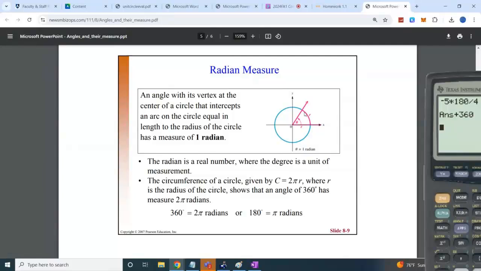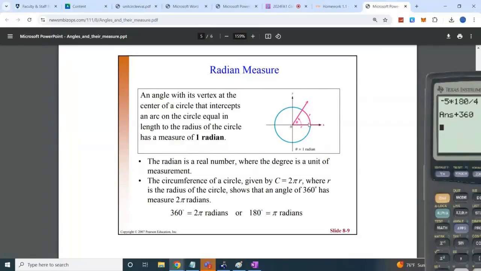The intercepted arc is this portion where the initial side of your angle and the terminal side of your angle form an arc. And this arc, if you put a ruler on it, is going to measure R. If that arc distance is the same as your radius, that is equivalent to 1 radian.